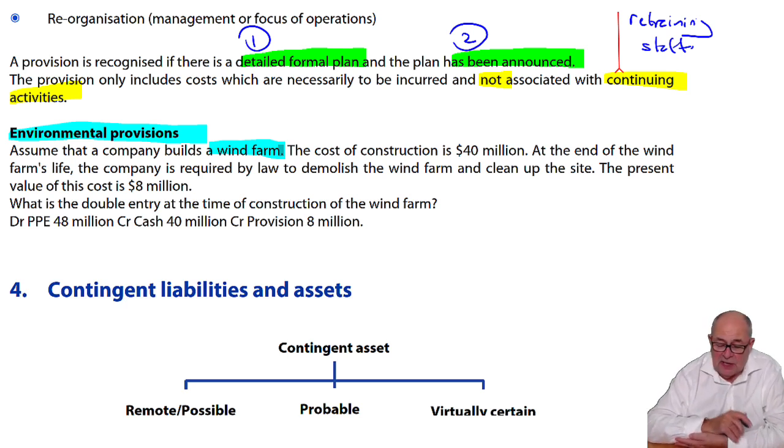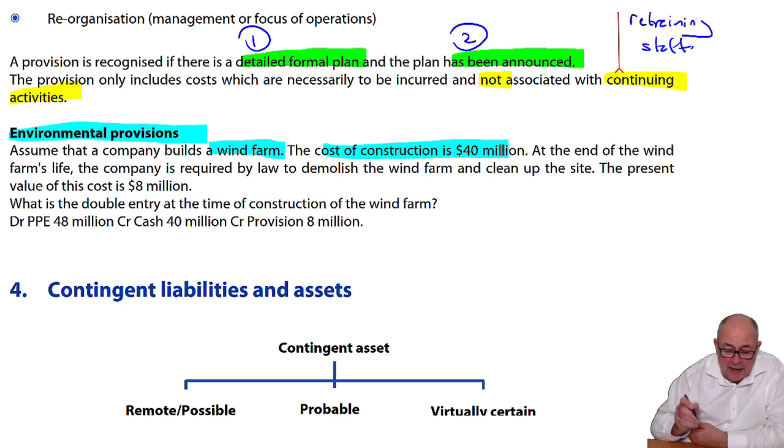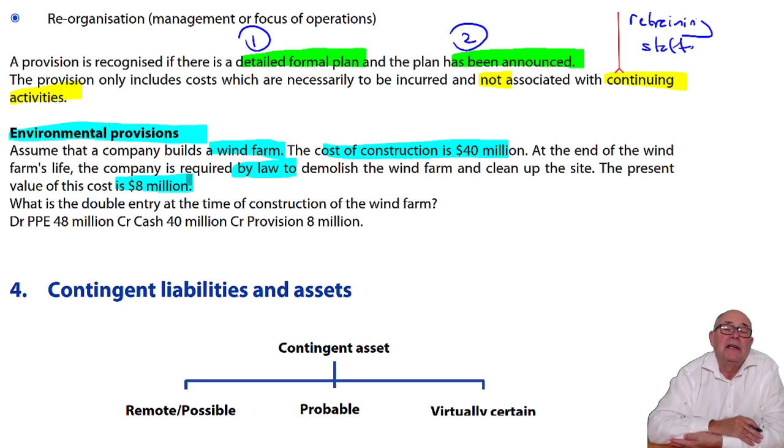So in my example here, the cost of construction is 40. I am required by law, that's a legal obligation, to demolish it at the end of its life, and I think the cost of that is going to be 8. So in present value terms, the cost of this project is 48.